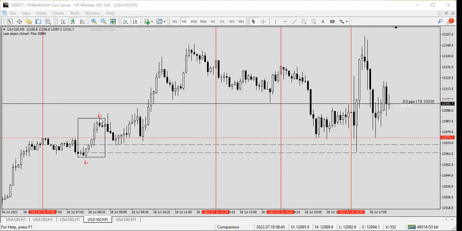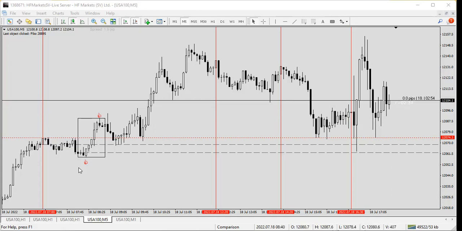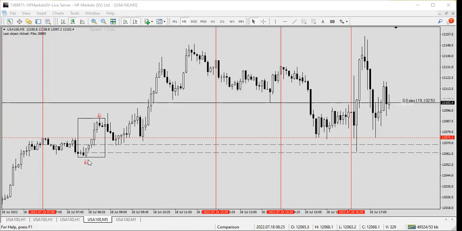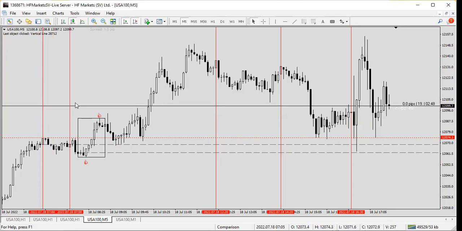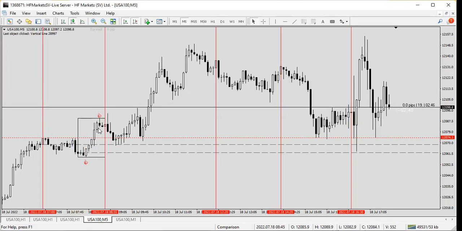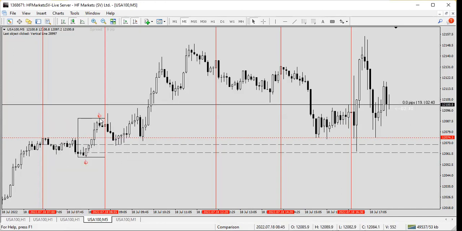At this point in time, when the range has been created, everything before, including the accumulation, is inside the range. Meaning from this price in time to that price in time, all of these candles are inside the high of this and the low of this range.